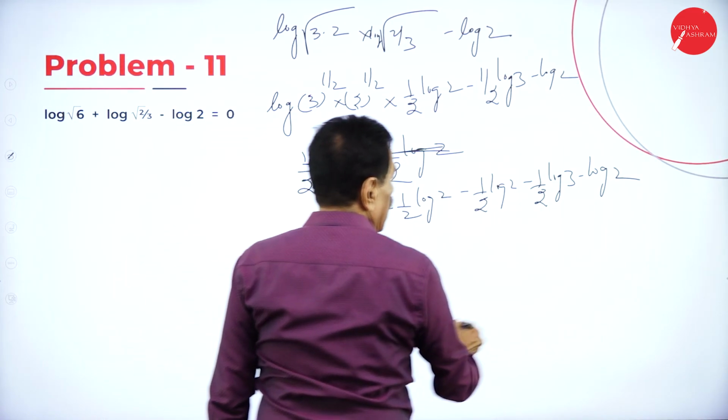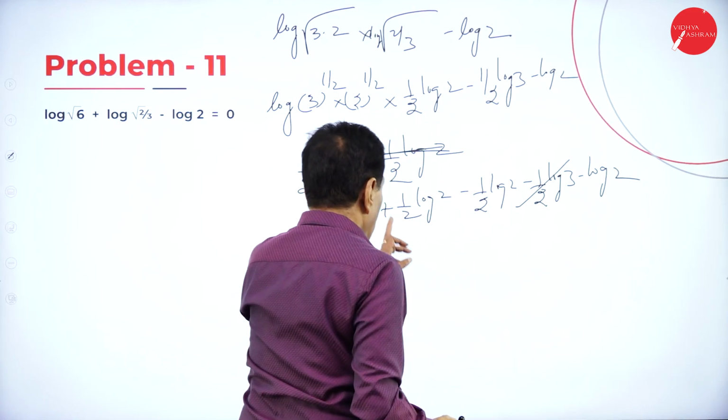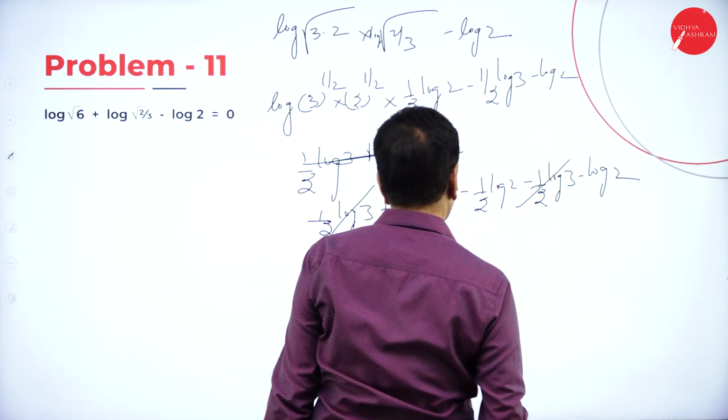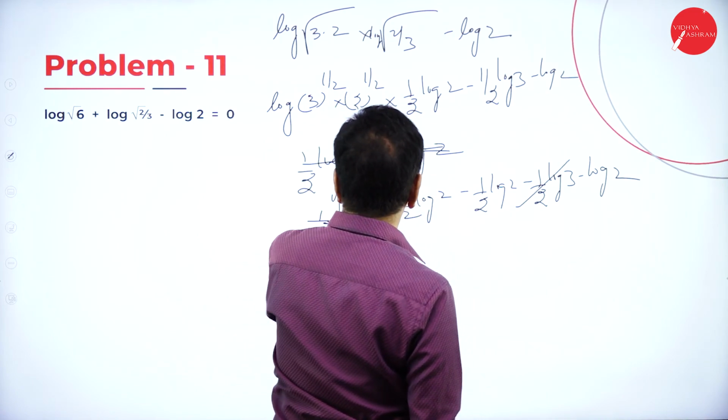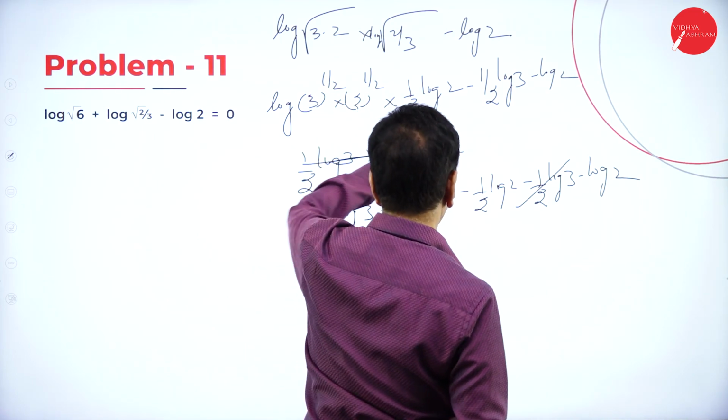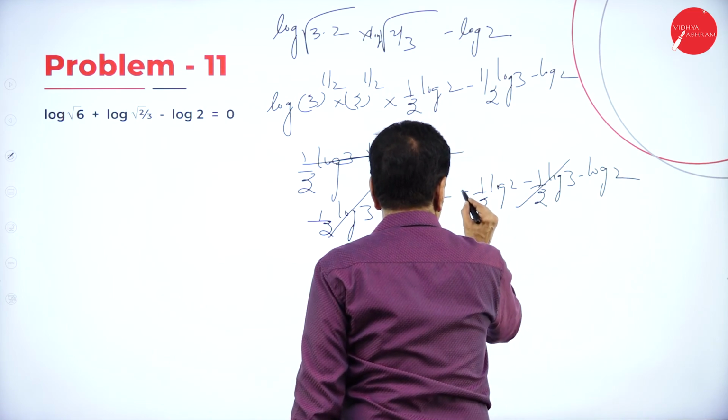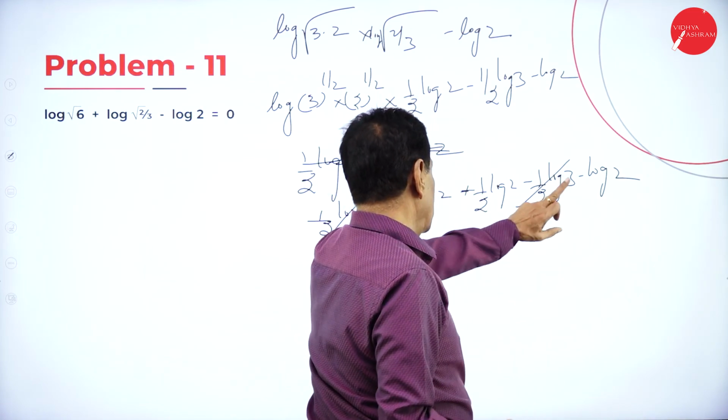Half log 3, half log 3, half log 2. This is half log 2 plus half log 2 minus half log 3.